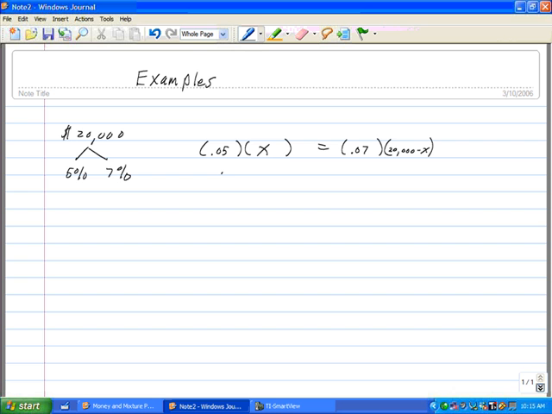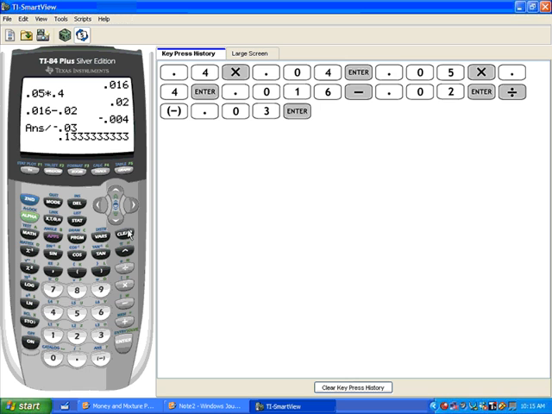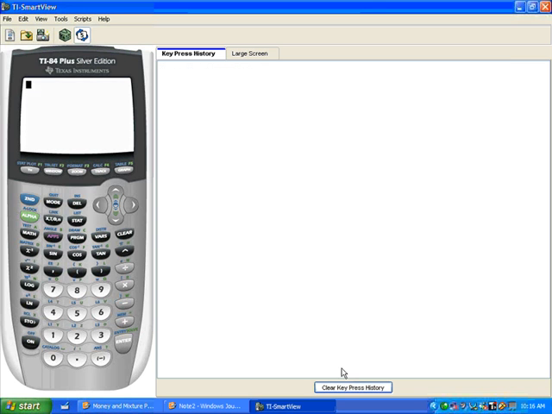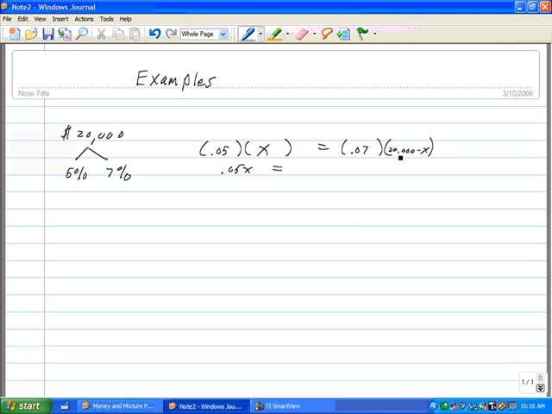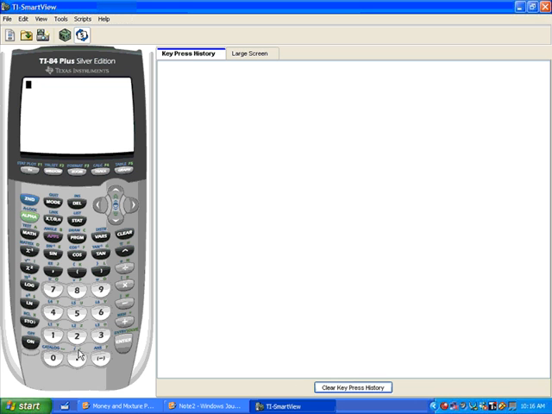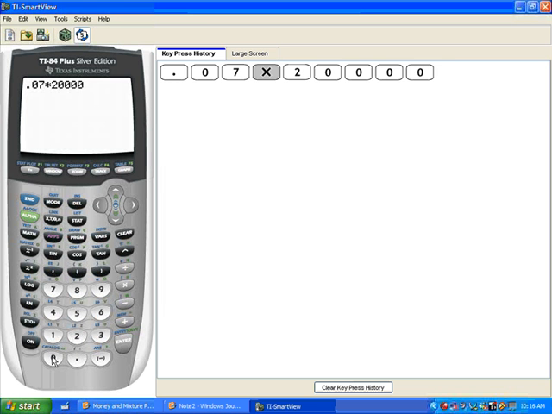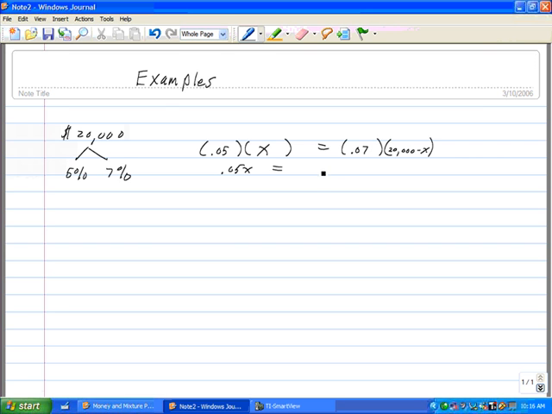So we're going to multiply 0.05x equaling, and again for that multiplication, going to have the calculator's help. Remember, it was 7% of 20,000, so 0.07 times 20,000 gives us 1,400 minus the 0.07x.